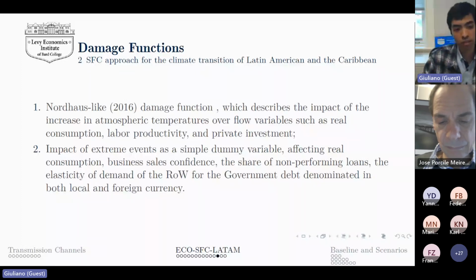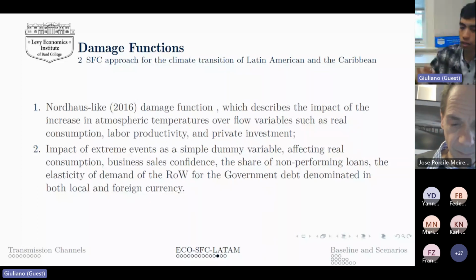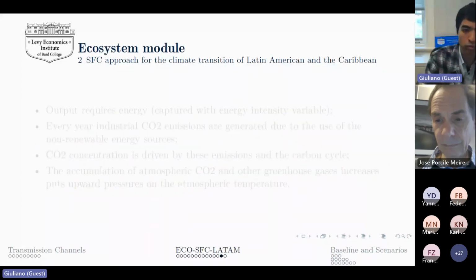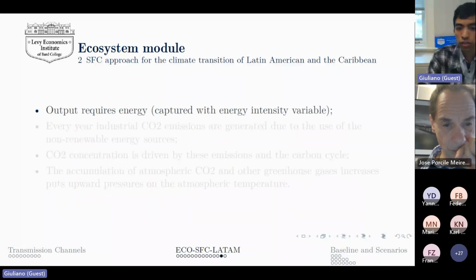But we also add on top of that the impact of extreme events, captured via simple dummy variables, which is enacted if there are events affecting a number of flow variables. The ecosystem model, again, is pretty simple.